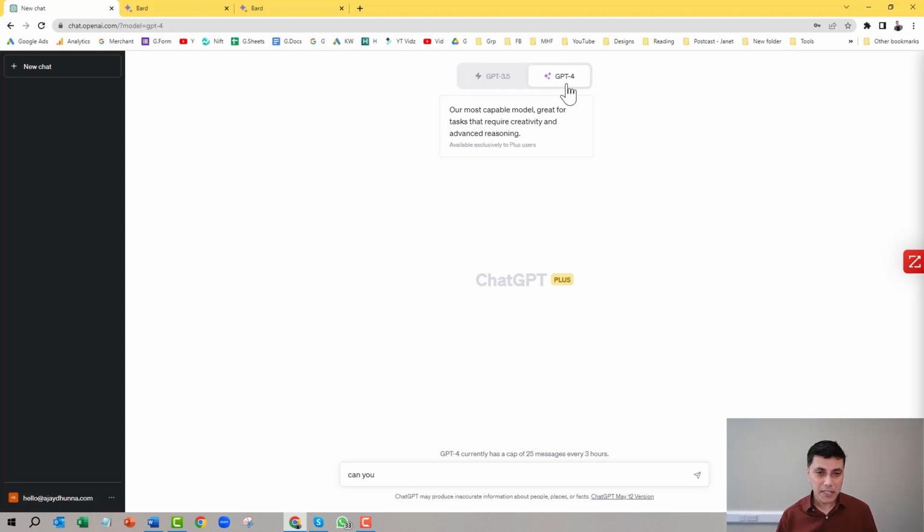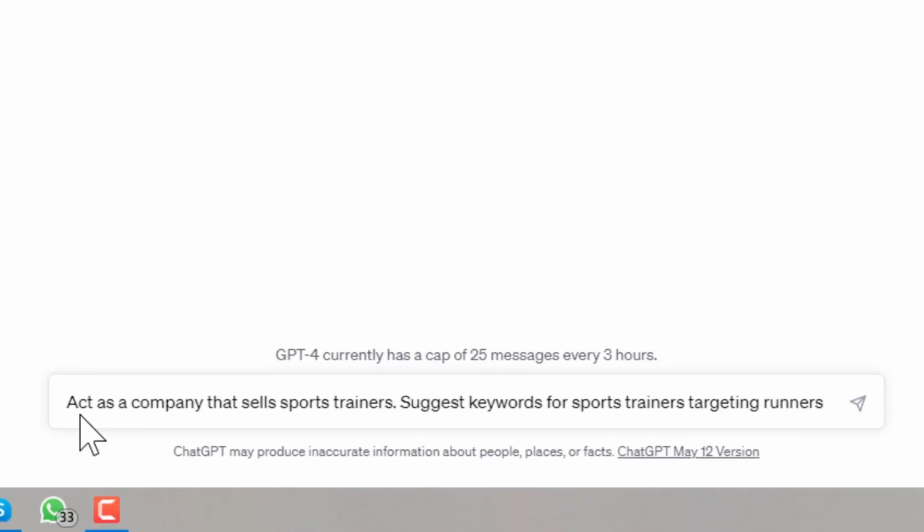Okay, so when you're conducting keyword research, you need to give ChatGPT or Bard a prompt to give you the keywords. What I've got here is a prompt which I've typed in: act as a company that sells sports trainers. Suggest keywords for sports trainers targeting runners.